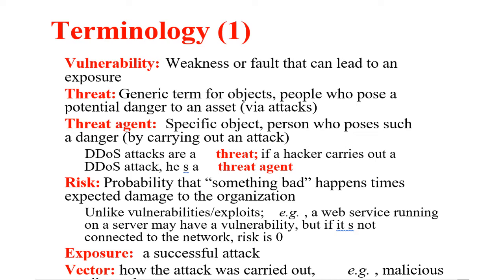So unlike vulnerabilities or exploits, for example, a web service running on a server may have a vulnerability, but if it's not connected to the network, the risk is 0. We also have another term known as a vector. A vector is simply how the attack is going to be carried out. An example is making use of malicious software.